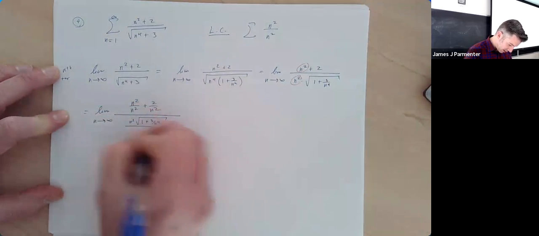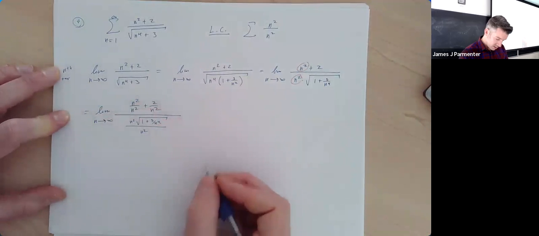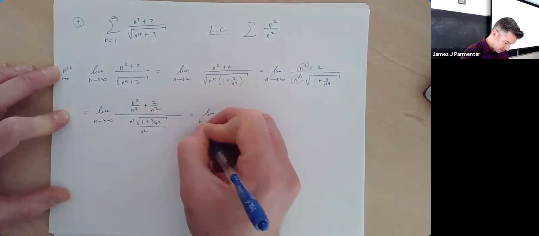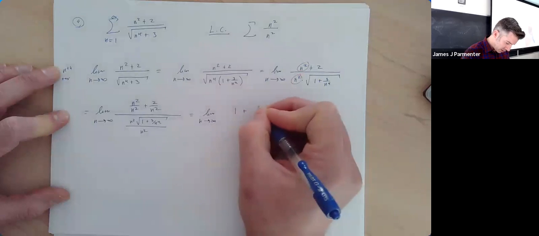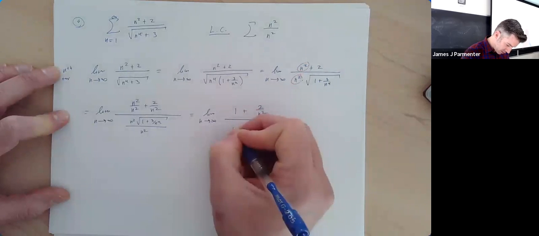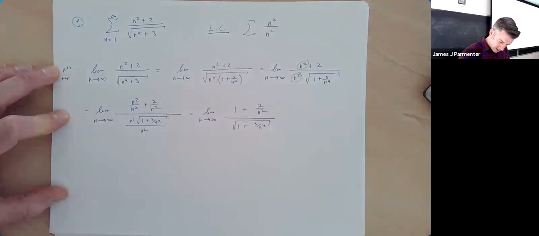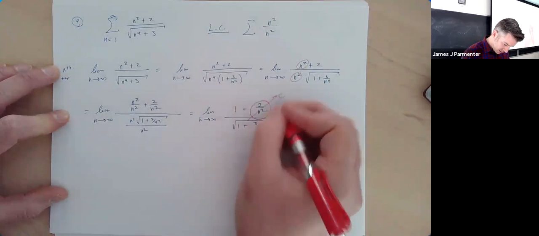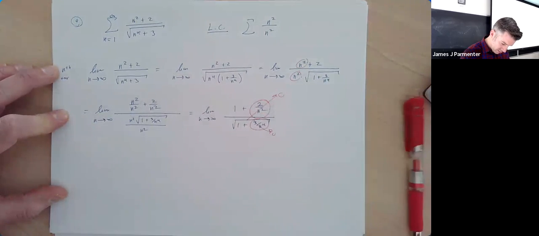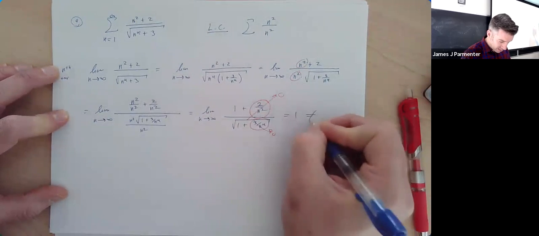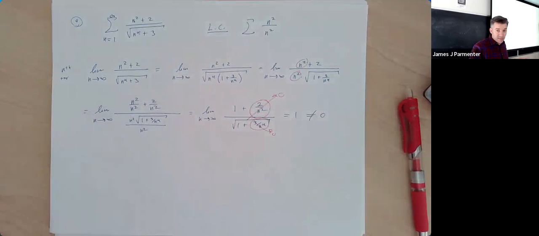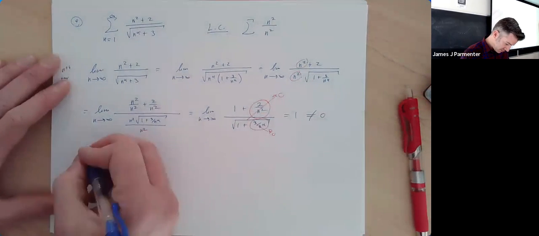We just divide the whole thing by n squared. So here we end up getting the limit as n goes to infinity of 1 plus 2 over n squared over the square root of 1 plus 3 over n to the fourth. And then just like every other time, that goes to 0, that goes to 0, you end up with 1. Which is not 0, right? Because we were doing the nth term test here, which means the series diverges.